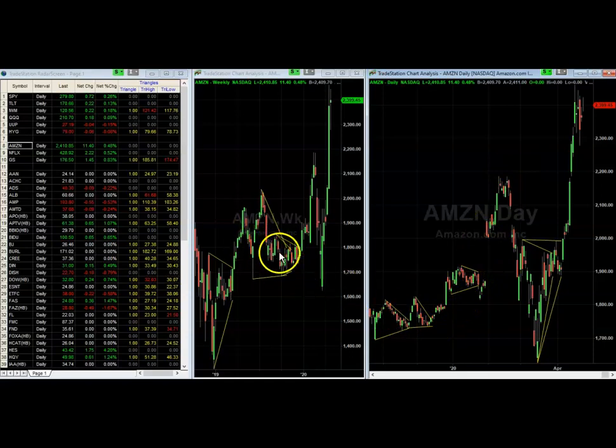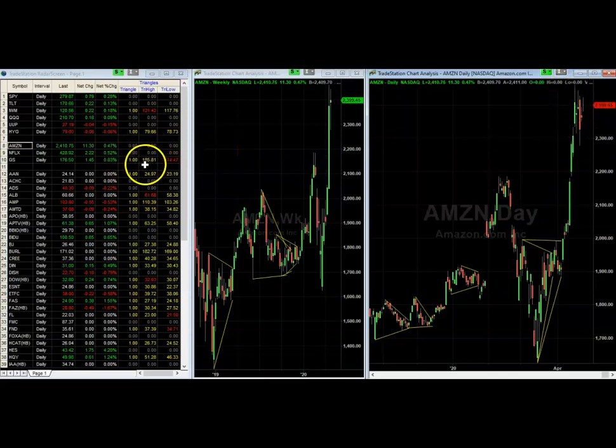And here's the weekly chart, and here in RadarScreen are the indicators pulled up. Right now this column, triangle, tells you if there's currently a triangle being formed or not. For Amazon it's 0, so there is no triangle being formed. It looks like we might get one potentially if we get enough data here.